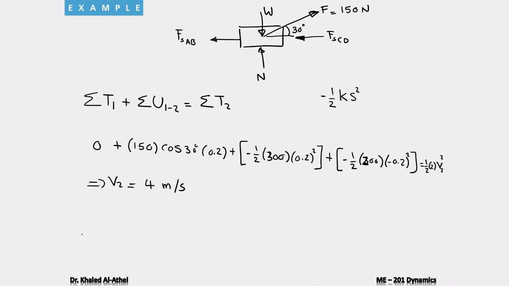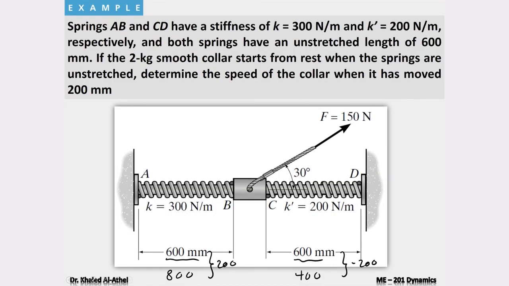Even though it's a simple problem, I like it because it gives you a clear understanding of how to write the spring force. Now, I did use a shortcut in this problem because, as I mentioned when I was reading the problem, the unstretched length is the same as the initial position.